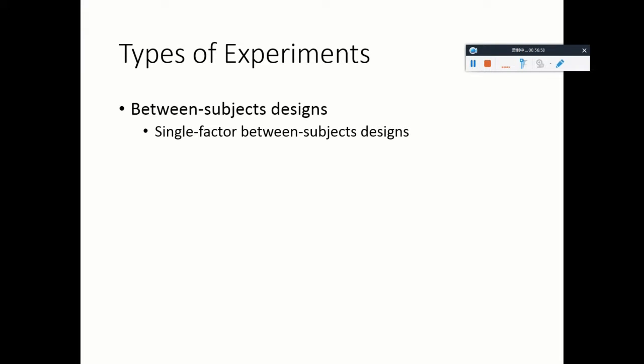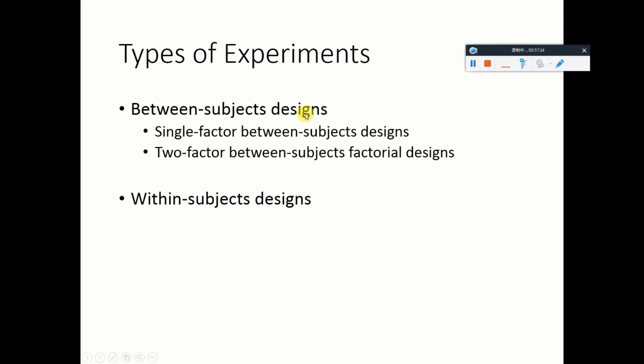Okay, so now after we established the basic understanding of experiments, now we can start to talk about different types of experiments. So it turns out there are at least three types of experiments. There are between subject experiments, and under between subject designs, we have single factor between subject designs, and we have multiple factor between subject designs, factorial designs.